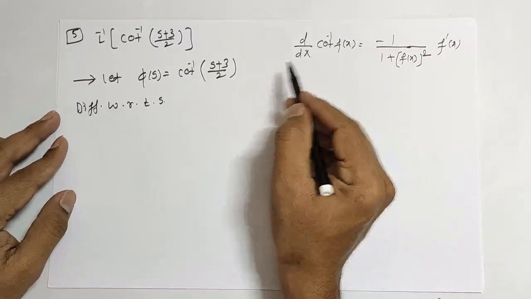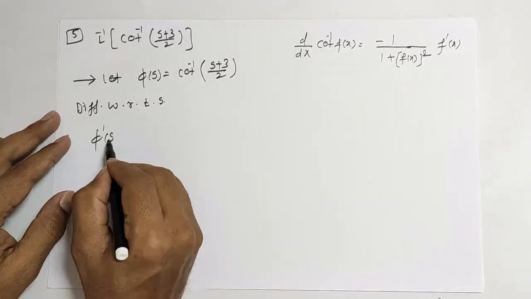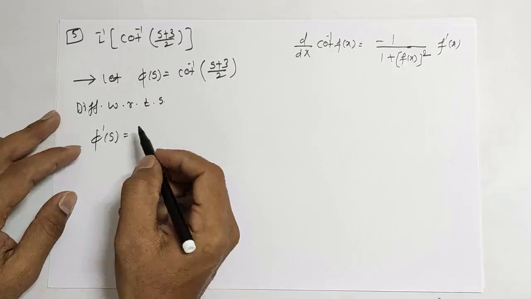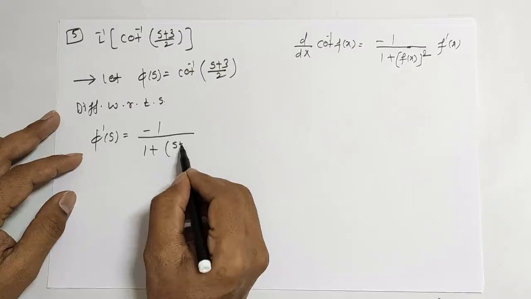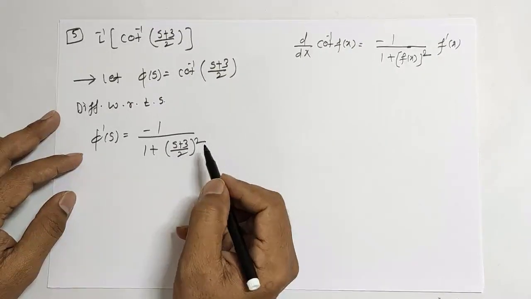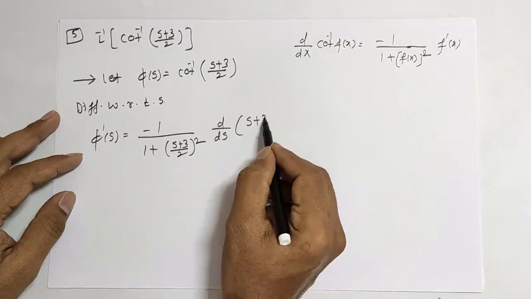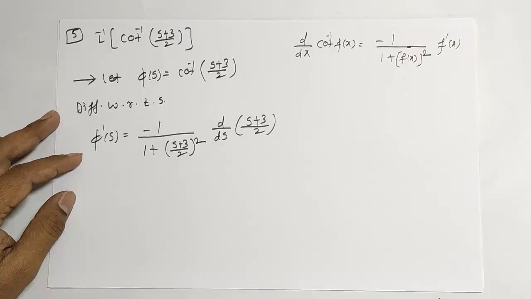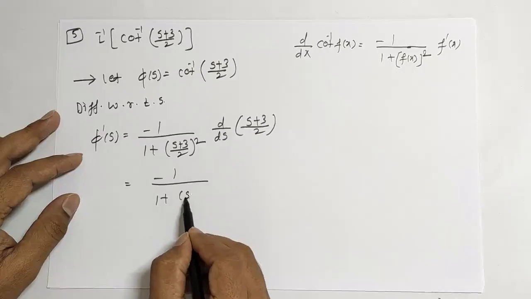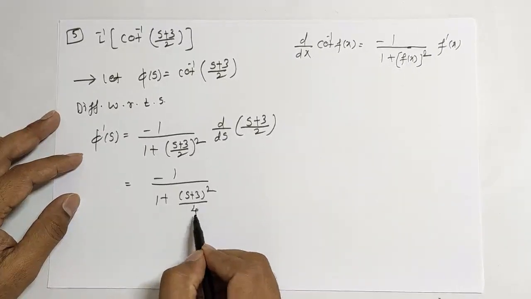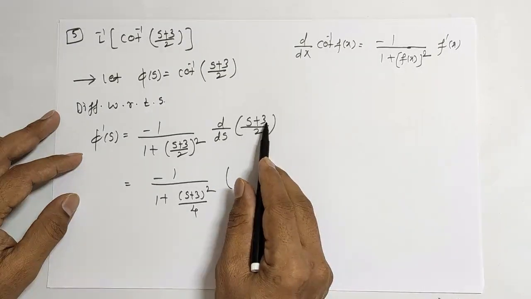So here my f of x, in terms of s, is (s plus 3) by 2. So minus phi dash of s on the left-hand side, minus 1 upon 1 plus ((s plus 3) by 2) whole square into d by ds of (s plus 3) by 2. Okay, so this is equal to minus 1 upon 1 plus (s plus 3) whole square by 4, and its derivative: the derivative of s is 1 and of 3 is 0.